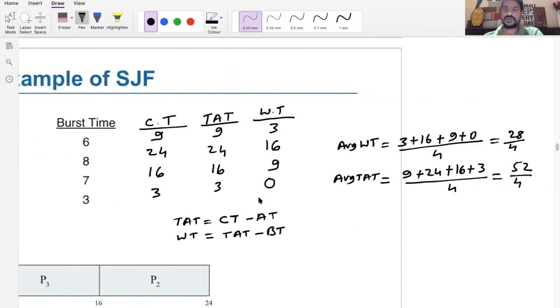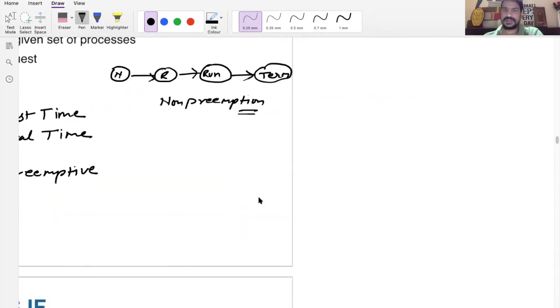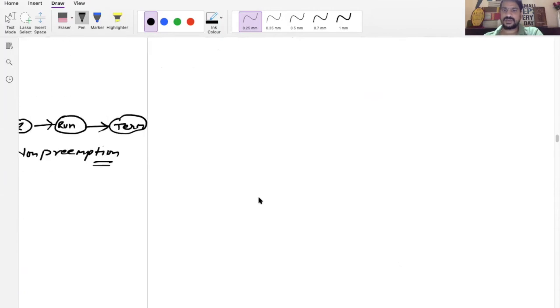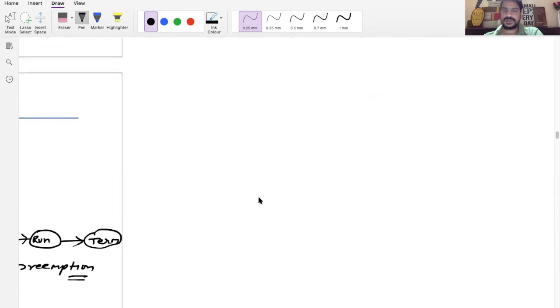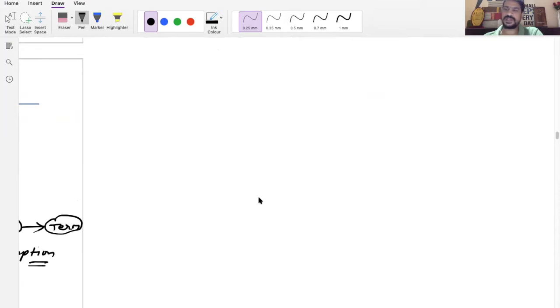Before going to the other concept, let's try to solve some more examples related to shortest job first.